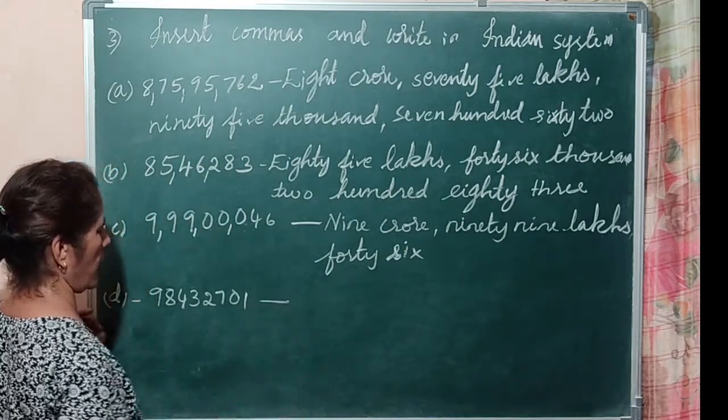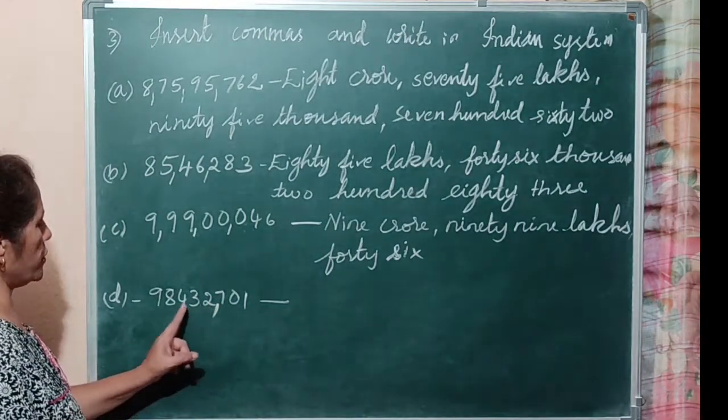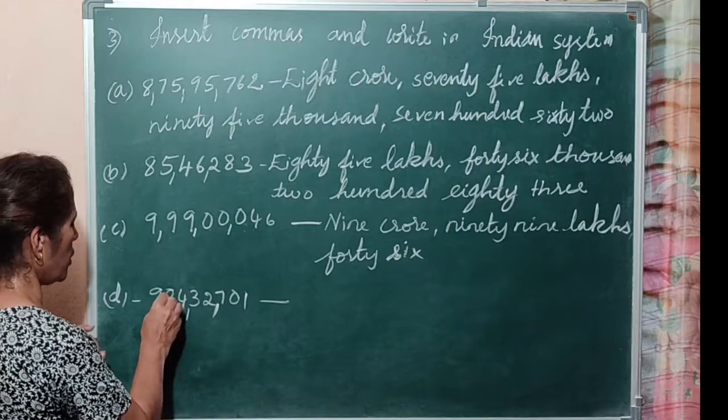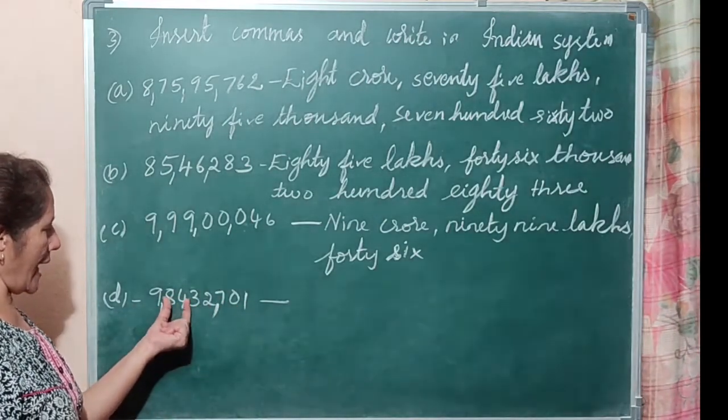Now you go to the last one. 1, 2, 3, comma. 1, 2, comma. 1, 2, comma. So, thousands, lakhs, crores.